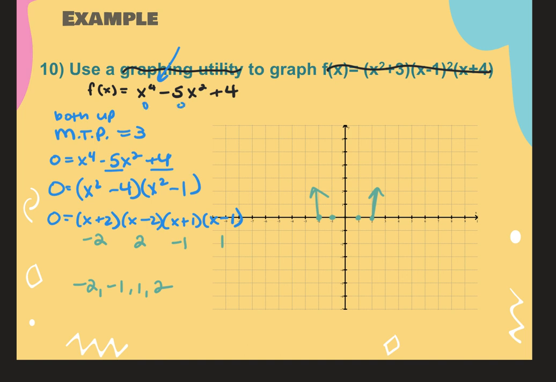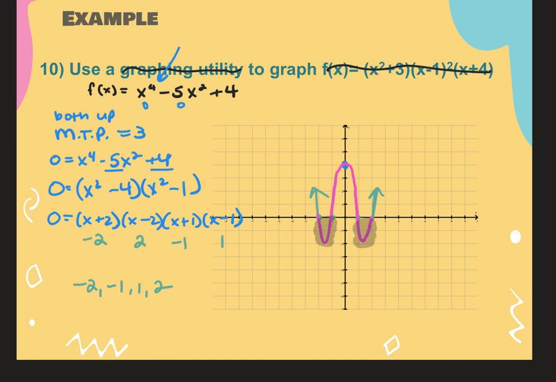So if I plugged in 0, I'd get 4. That tells me 0, 4 would be my y-intercept. Now it's going to cross through, come back up, cross through, come back down, cross through, and come back up. And I just approximated how low to go in between that -2 and 1.